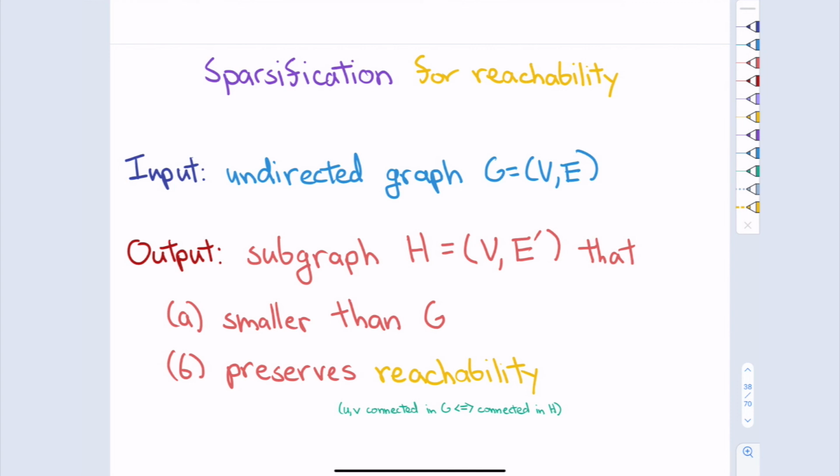Find me a graph that is much smaller than that, but it will preserve reachability in the sense that two vertices are connected in the original graph if and only if they're connected in the smaller graph with, say, closer to n edges. I mean, that would be very appealing, right? Because that would summarize who is connected to who, but in much fewer than, in the worst case, n squared edges.